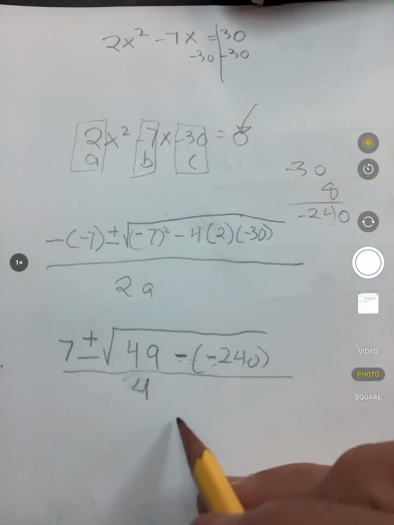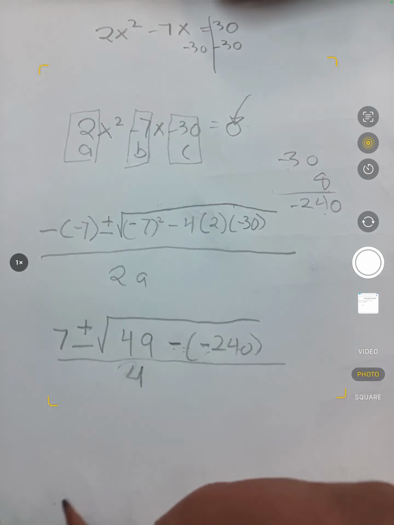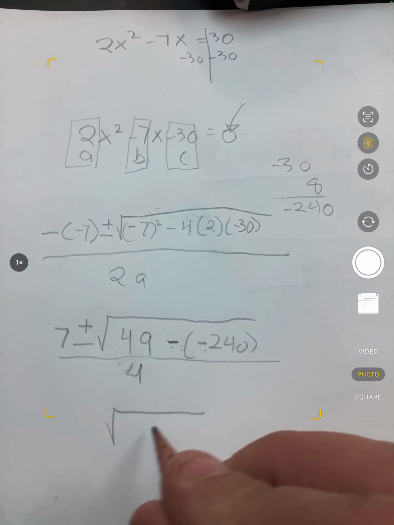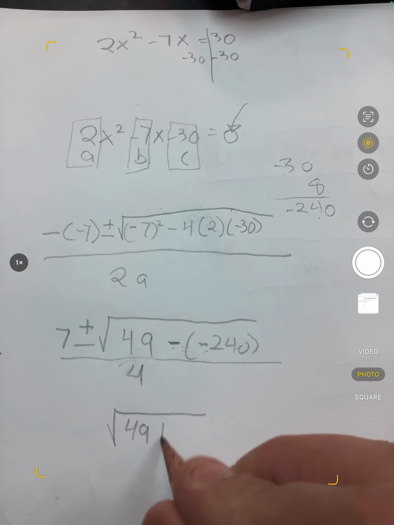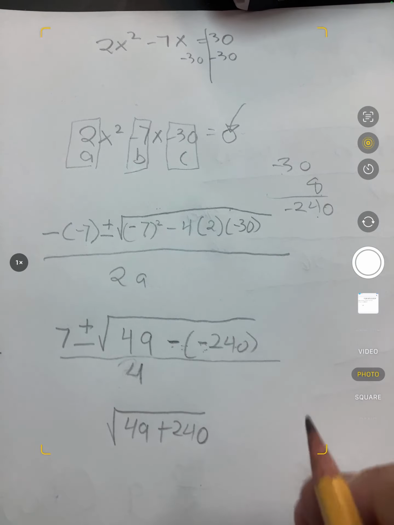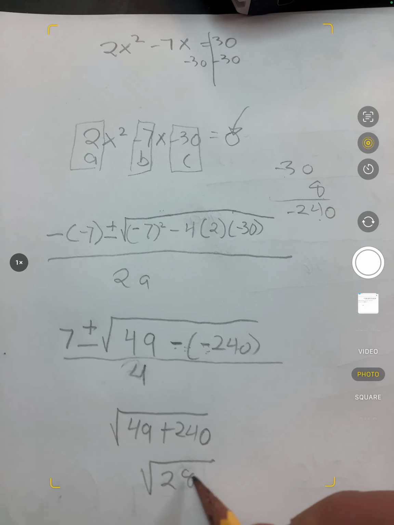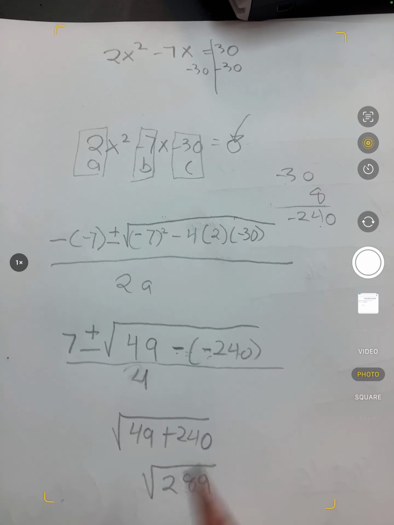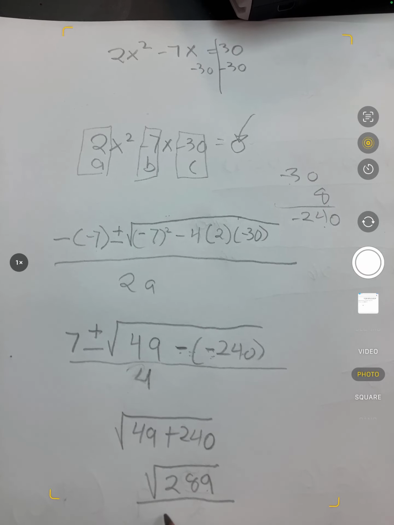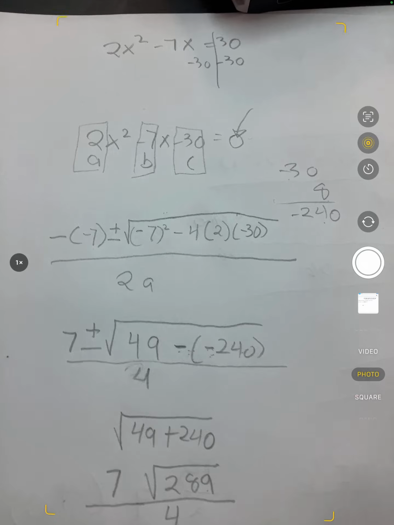All right, that would be the square root of 49 plus 240, which happens to be the square root of 289, divided by 4 with a 7 in front of it.